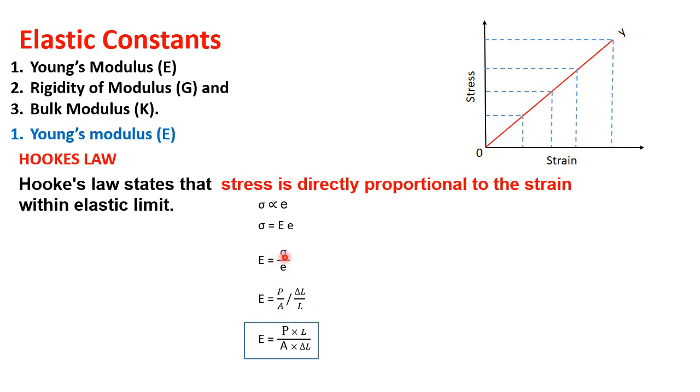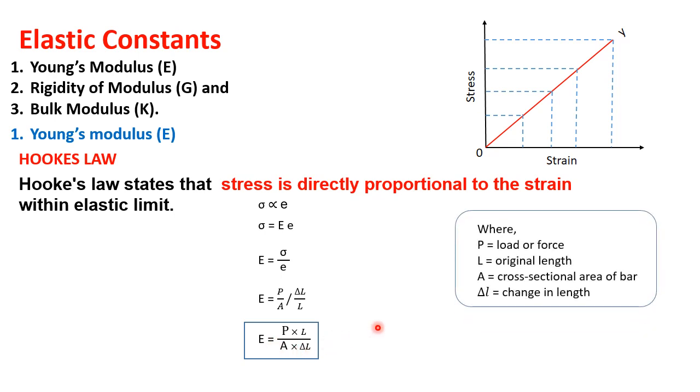So stress we can write as P by A, and strain as delta L by L. So the equation becomes capital E is equal to P into L divided by A into delta L, where P is the load or force, L is the original length of the bar, A is the cross sectional area of the bar, and delta L is the change in length.